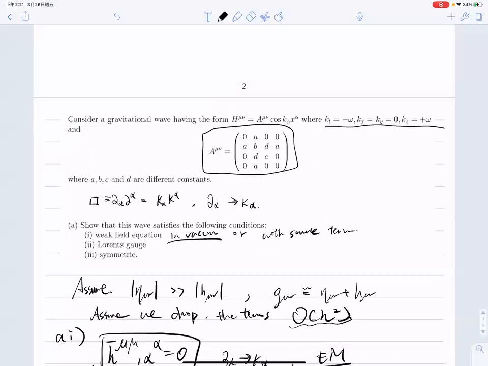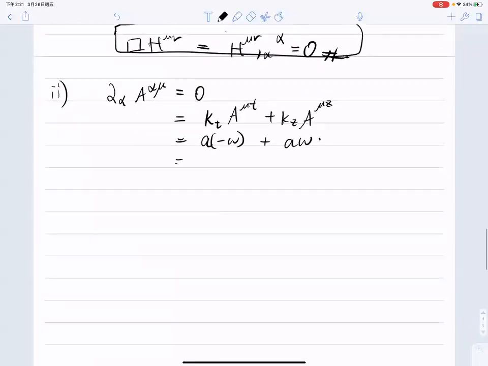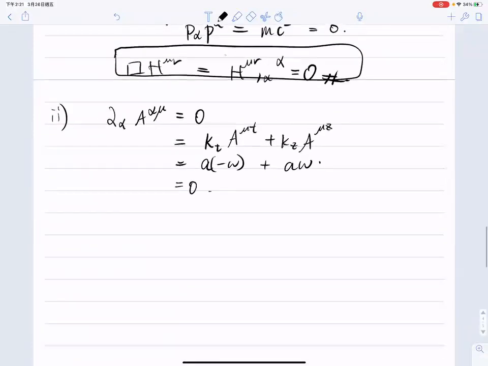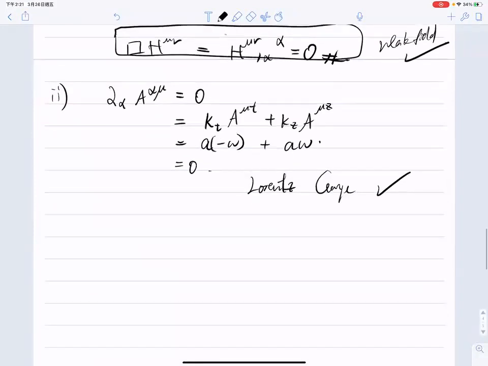And then it will be equal to 0. So it satisfies the Lorentz gauge. Weak field equation satisfied. And here is our proper gravitational wave.